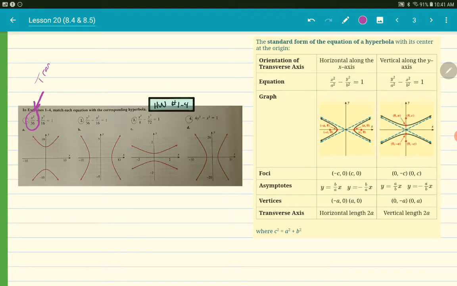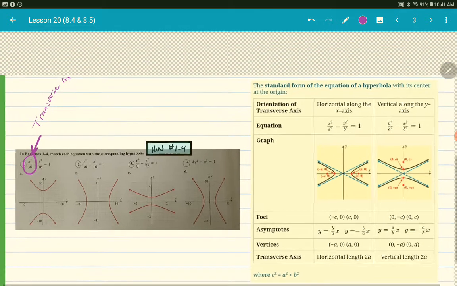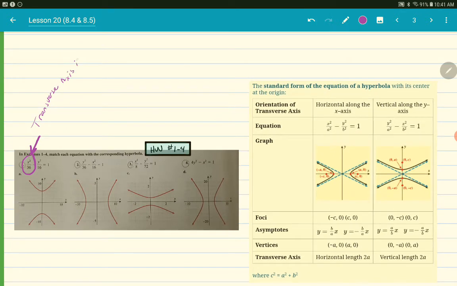That tells me that the transverse axis is actually the x-axis. It's horizontal. And since it's centered on the origin, that's actually the x-axis. So we're looking at the horizontal along the x-axis, the transverse axis on the x-axis.